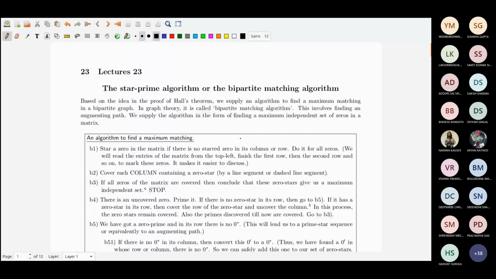So the first thing it does, it takes the matrix, so that is B1, takes the matrix and goes on, the computer will go on scanning each element, and then as soon as it finds a zero, it puts a star in it, provided there is no zero star in its row or in its column.